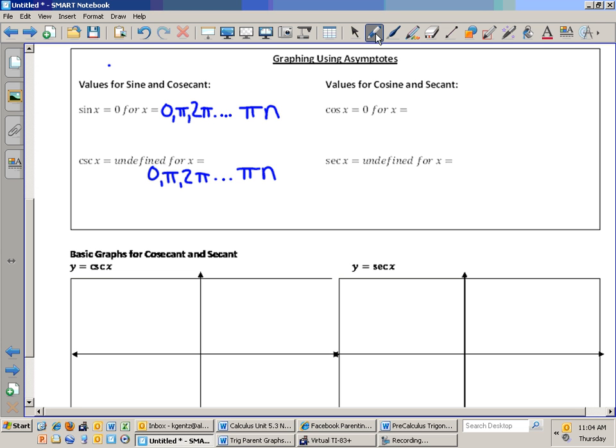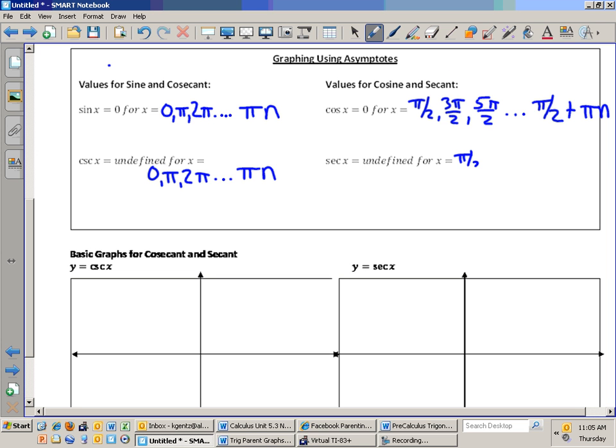Cosine is equal to 0 at pi over 2, or 3 pi over 2, or 5 pi over 2, namely any pi over 2 plus pi times n. You don't have to remember any of this up here. You'll be able to graph it without it. No big deal. So that means that the reciprocal of 0 is undefined. And so secant will be undefined for those same spots.